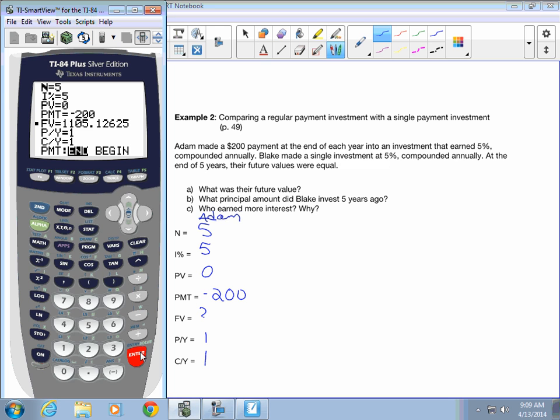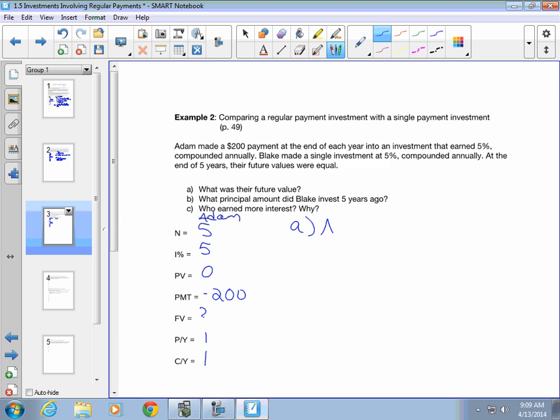So this is for Adam's, and Blake's, because it says here their future values were equal. So $1,105.13.